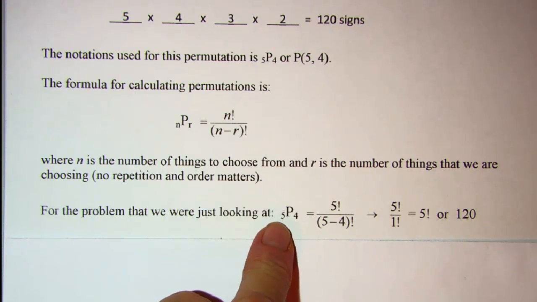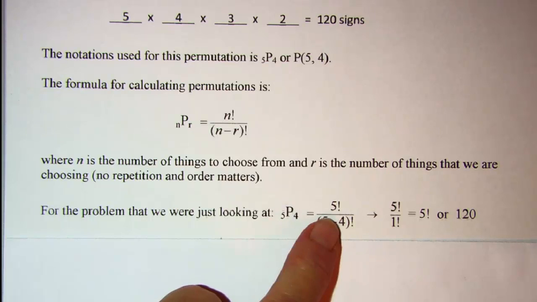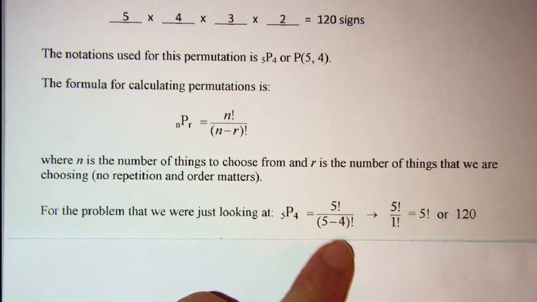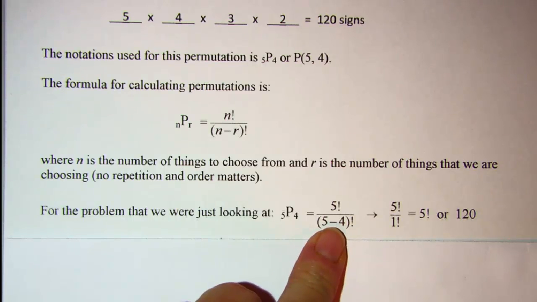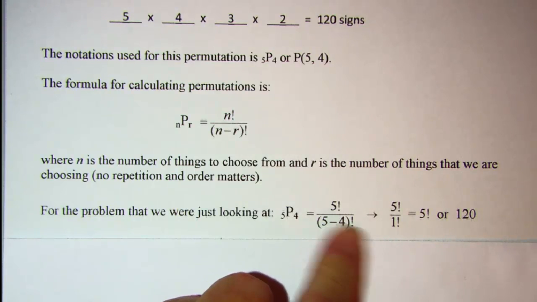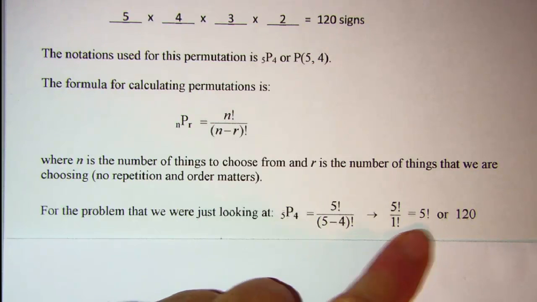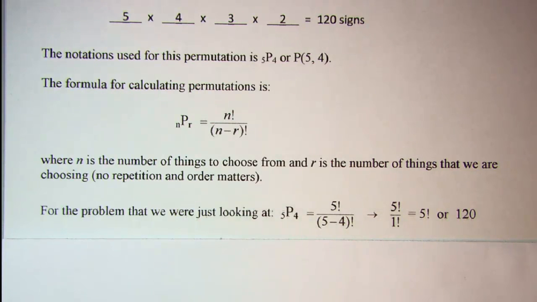So my n is 5, so I would write 5 factorial over, and then my r is 4, so 5 minus 4 factorial is in the bottom. 5 minus 4 is 1. You have to do the stuff in parentheses first. So I have 5 factorial over 1 factorial, which is 5 factorial, and that works out to be 120.